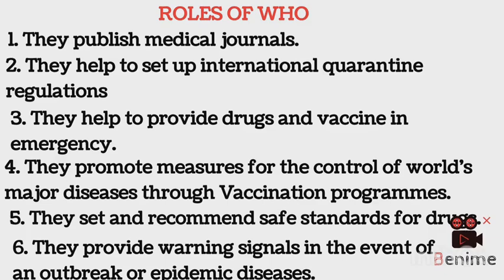So they alert the world, like with the coronavirus, they were alerting every country on measures to prevent these diseases from entering their country. So these are the roles of the WHO and many more. So they are an international health organization. They take these roles to make sure that the world is a better place to live in.